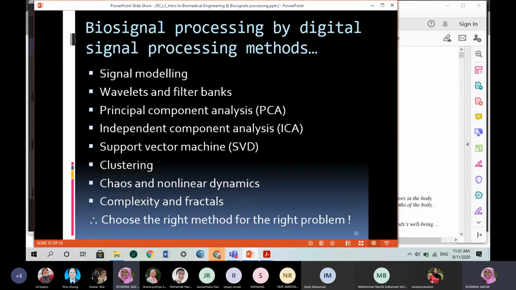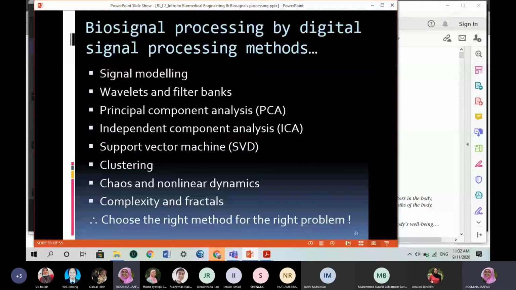Then you have to have input from the brain and input from external and so on. And the output of the respiratory system is the concentration of oxygen, concentration of carbon dioxide as the byproduct. So you do the signal modeling. Many people do signal modeling using mathematical equations. That is one way. You can also do signal modeling by electrical model.